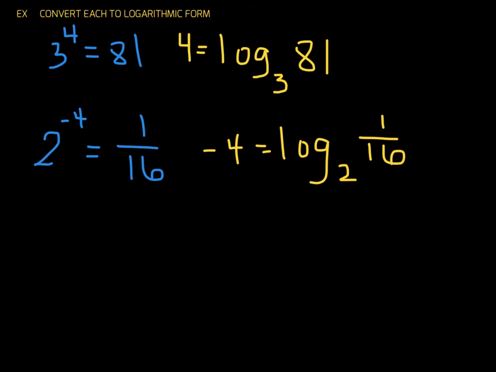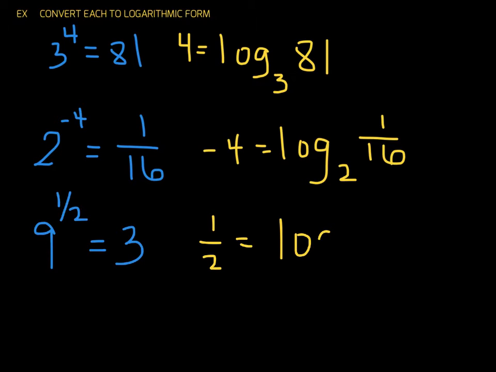Let's go for another, guys. 9 raised to the power of 1/2 gives me 3. Take a second, maybe pause this video and try to write this in log form. My exponent is 1/2. 1/2 is the exponent to which I raise 9 to give me 3. How did you do on that one?